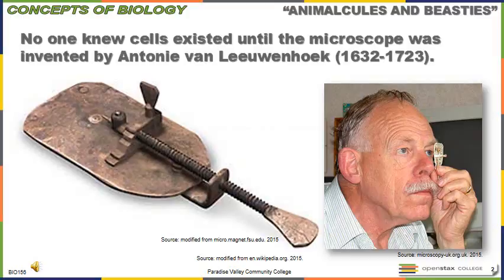It was just clear. But other times he would find little things that were swimming around or moving in some way, and as he got closer looks at these things, he called them animalcules and beasties. And these were the first specimens that had been viewed by a microscope.